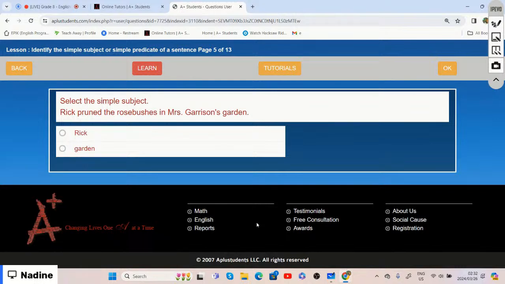Rick or garden? All right, if we select our simple subject, then we will say it is Rick.